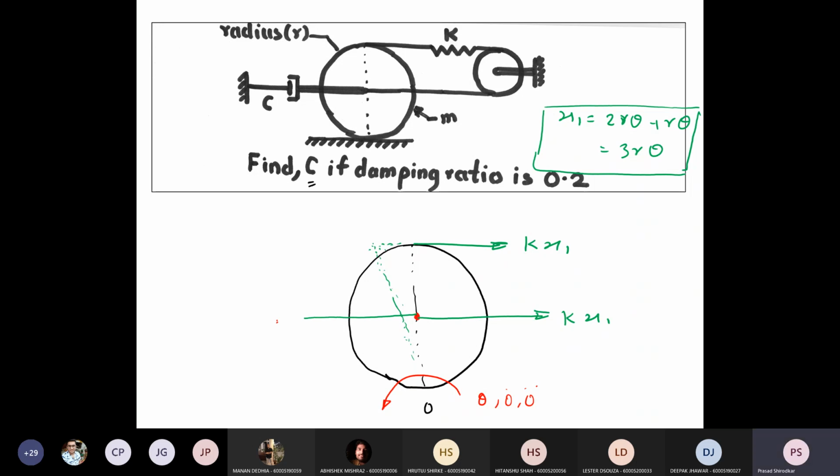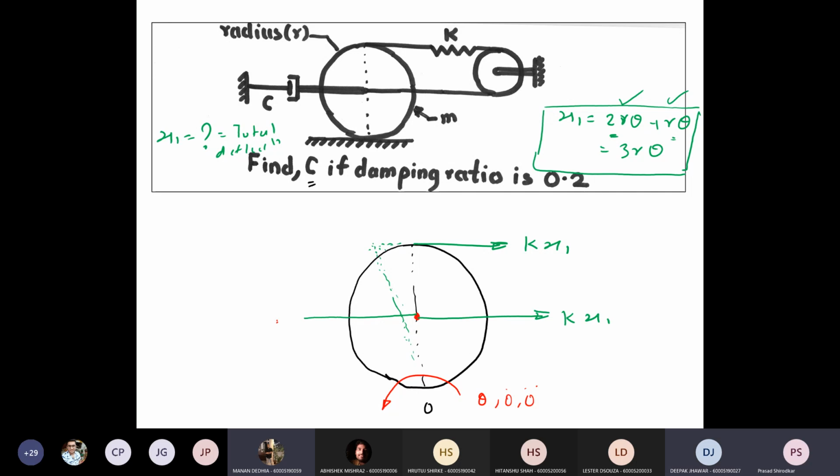Can anybody elaborate how I got these two terms? What is x1? Can somebody tell me? The total deflection of the springs. Total deflection. All right. So why this 2r theta and r theta?